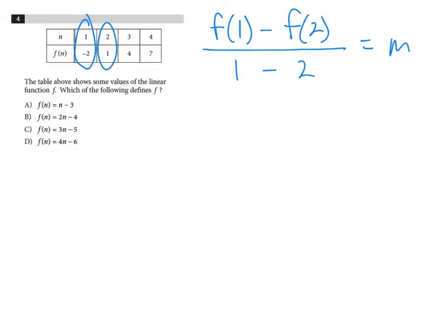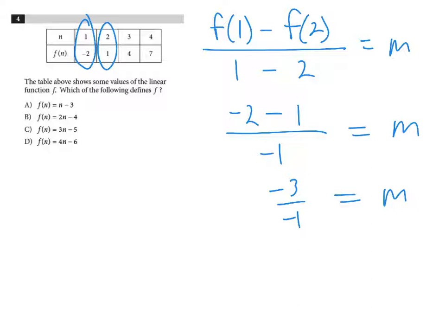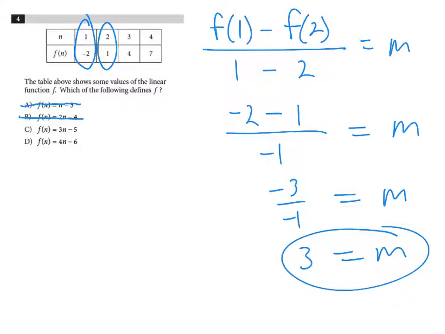Well, f of 1 is negative 2, and f of 2 is 1, over 1 minus 2, that's negative 1, and then negative 2 minus 1 is negative 3. Negative 3 over negative 1 equals the slope, so the slope is positive 3. So we can eliminate 1, 2, 3 of these. The only one with a slope of 3 is C. Okay.